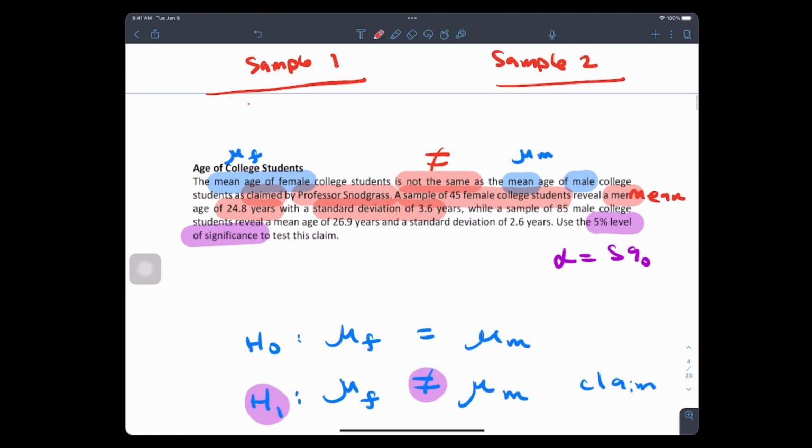So sample size is 45, sample mean is 24.8, and sample standard deviation is 3.6.